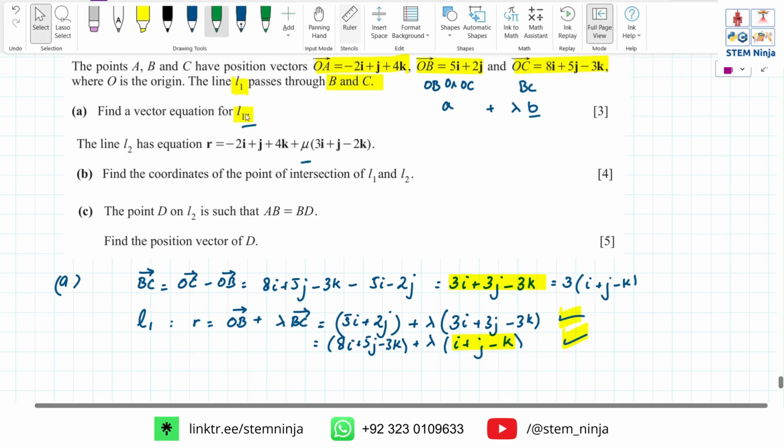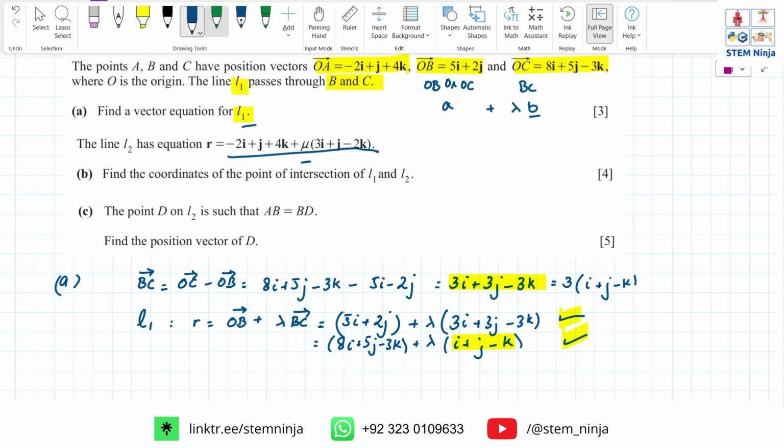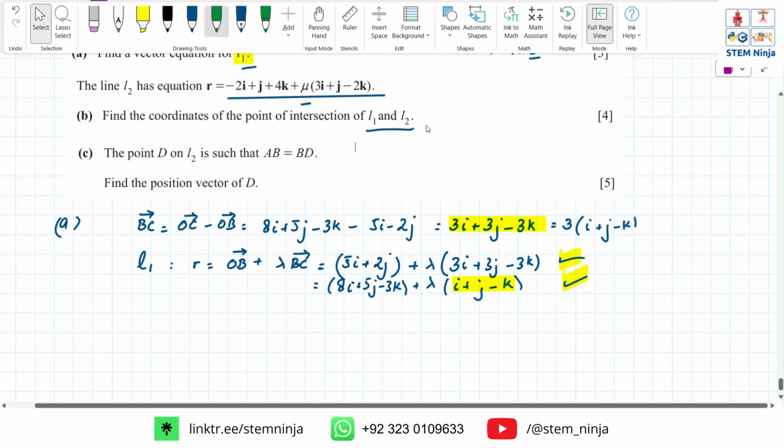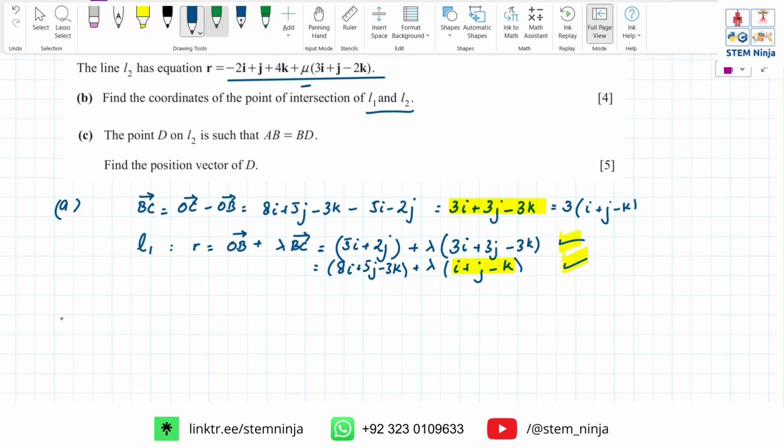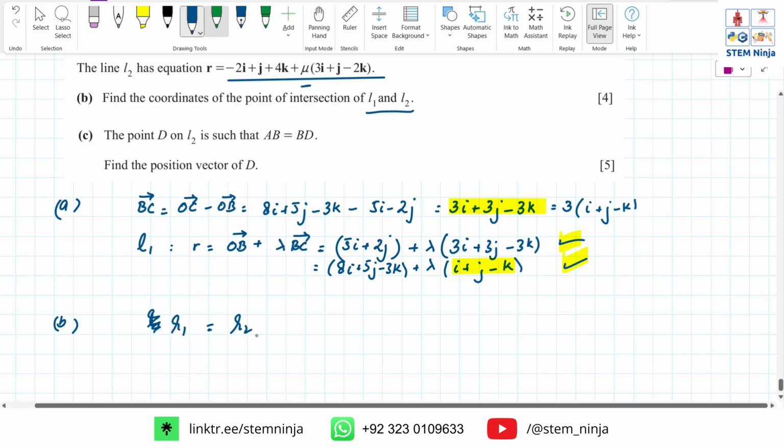Line L2 has this equation. Okay. Find the coordinates of the point of intersection of L1 and L2. So we are going to do the same thing we did in the previous question. We are just going to equate these two lines. So L1 position vector, sorry, let's call it r1 equals r2.